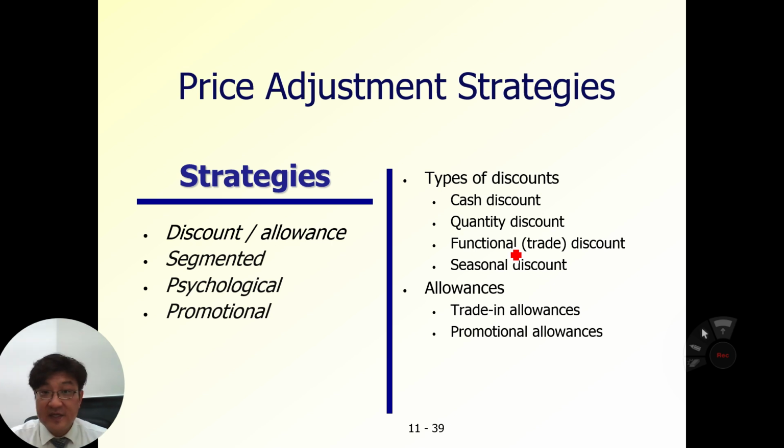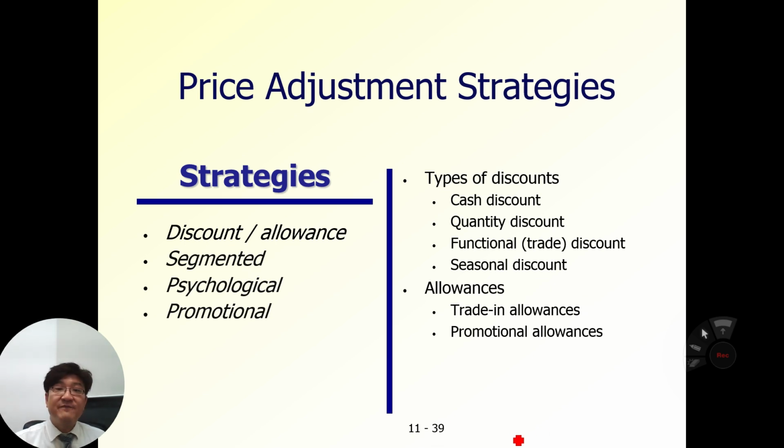The functional allowance is the same kind of thing. You call Emart and say, hey, if you put our product on the first page of the insert, then I'm going to give you 100 million won to do that. That is allowance. If you give lump sum money to the retailer, that is called allowance. That is promotional allowance.